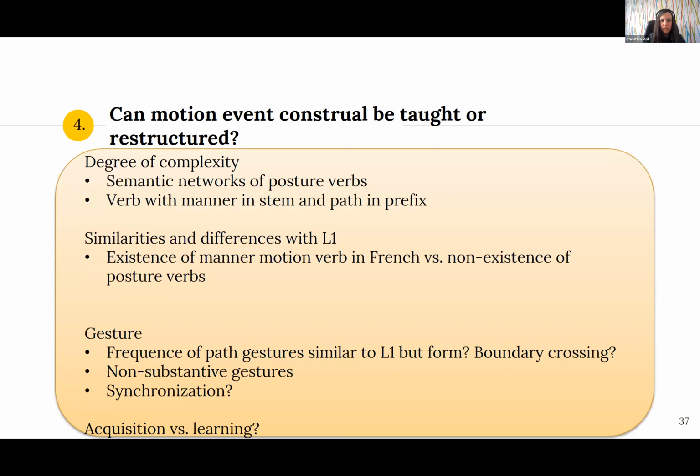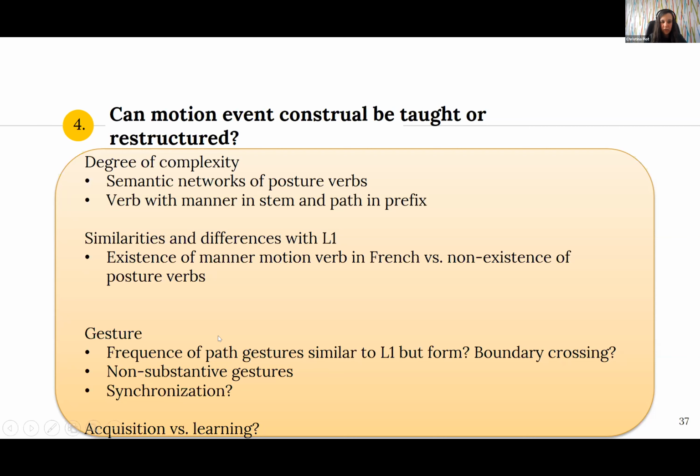So there are several points that could be talked about. The degree of complexity: the semantic network of posture verbs is really, really complicated. And it's more complicated to use verbs which can sometimes be divided into two parts and sometimes not for French speakers. And posture verbs is a category that does not exist in French.